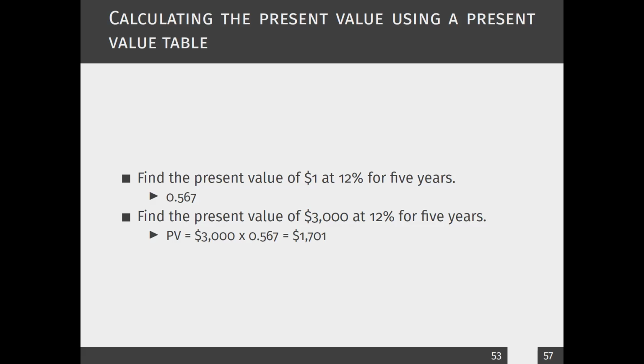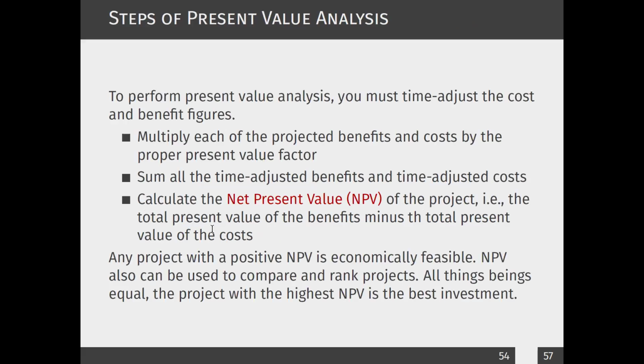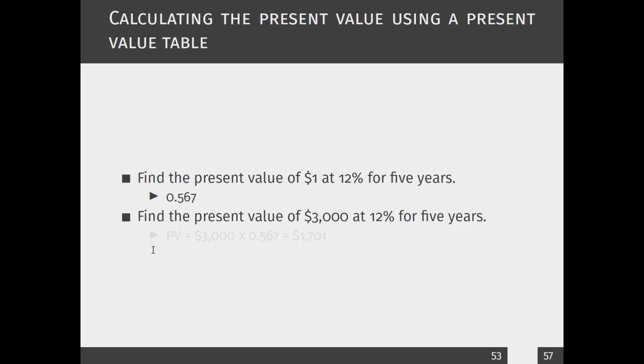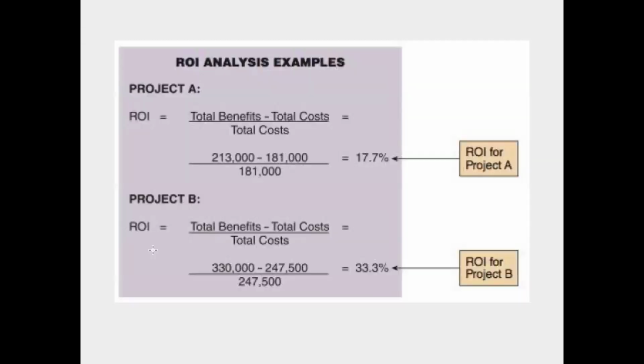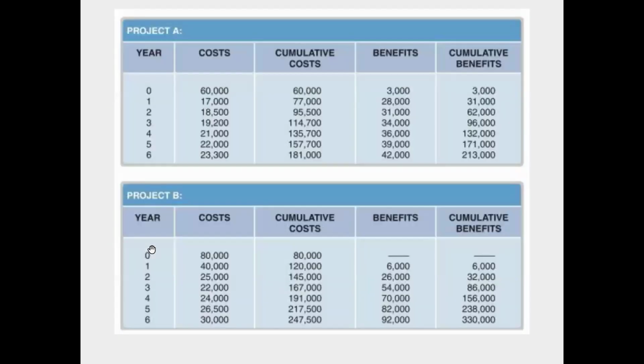Okay, next one. Notice that when we talk about the 2 projects that we have seen earlier, I'm going to go back to my 2 projects. You see some of the value realized after 1 year. This is the current present value.